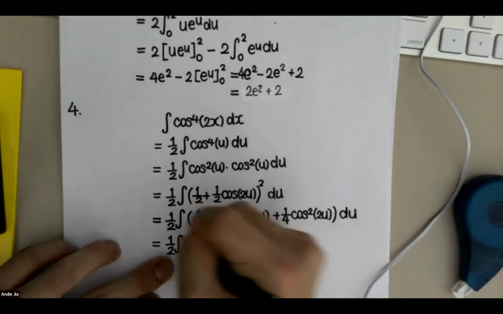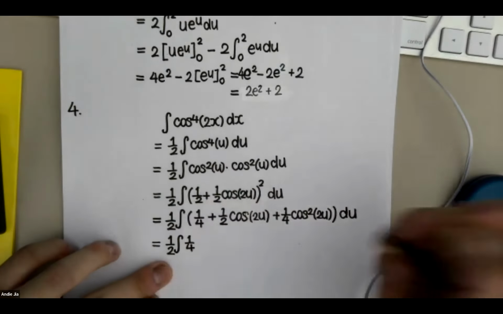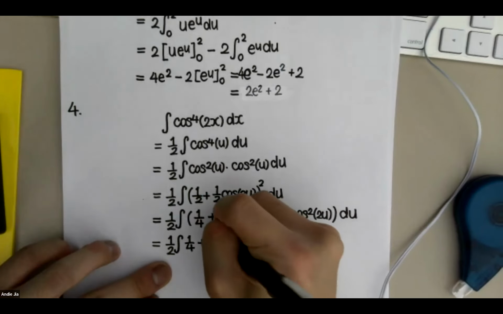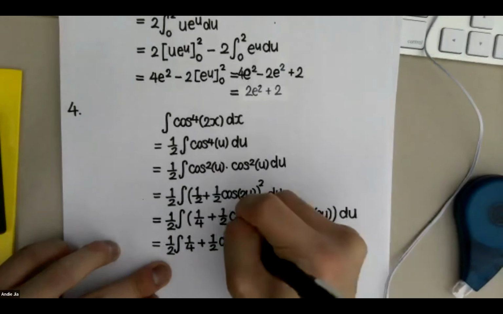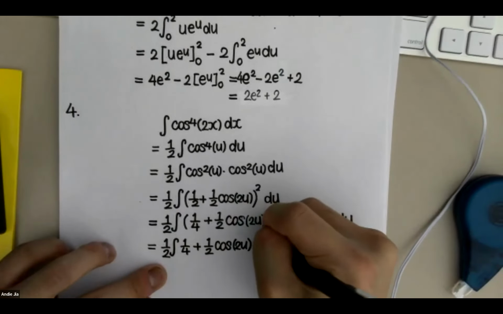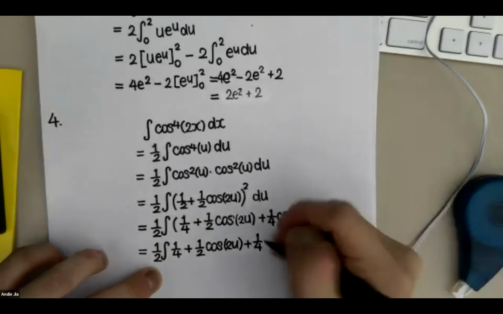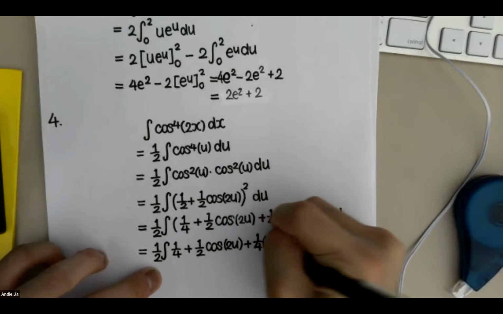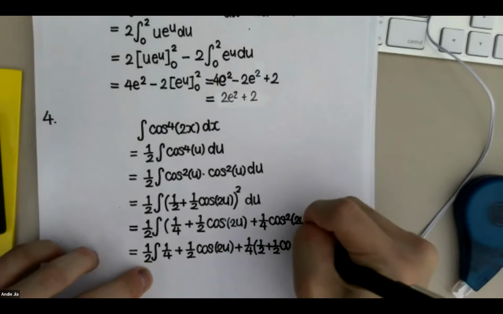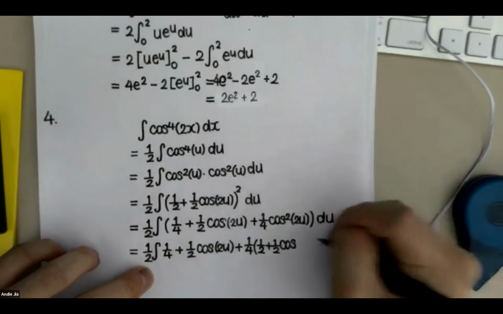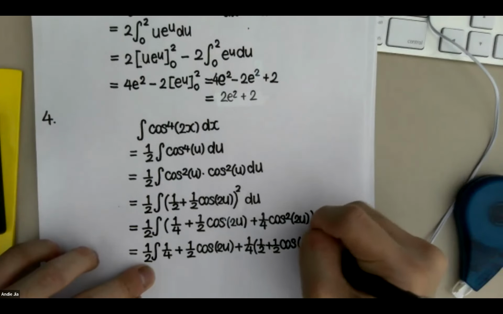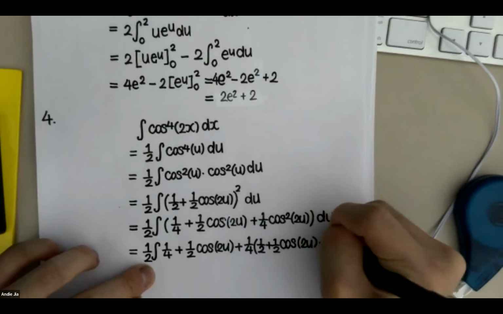So it's going to be 1/4 plus 1/2 over cosine of 2u, and then plus 1/4, and we have 1/2, then plus another cosine of 2u.